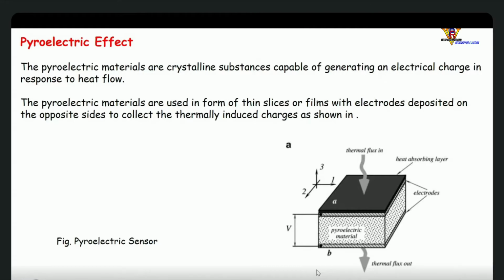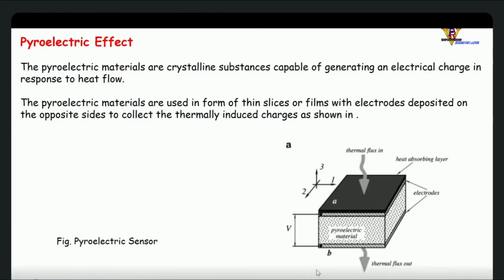like a black color. So this is a heat absorbing plate. When a thermal flux is incident on that plate, it will be absorbed by the plate, and then it will try to flow through the material, and from the bottom plate it will come out.